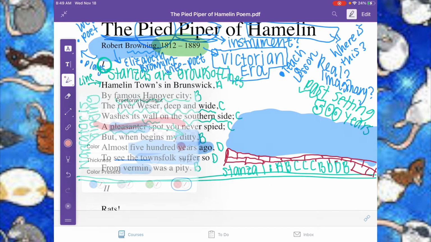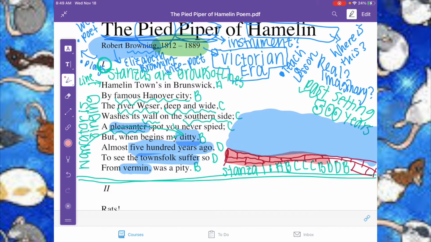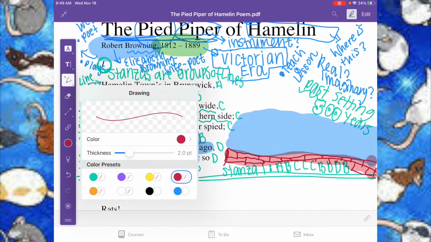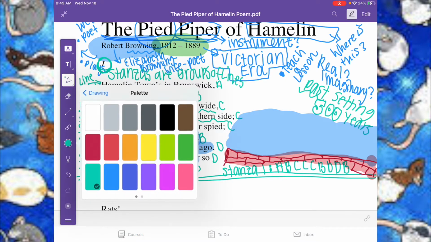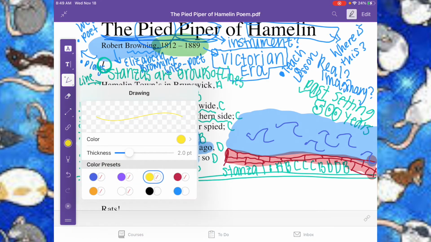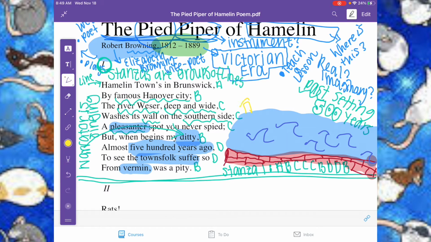Alright, so I'm going to color my wall down here. And what else do we know so far? There's a city that this river is bordering, so I'm going to quickly draw my city here.